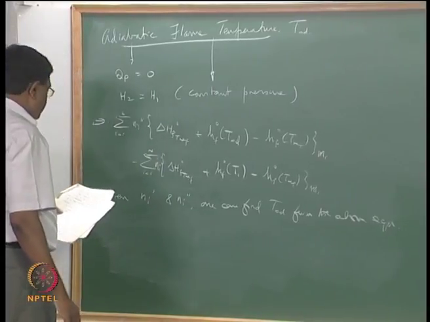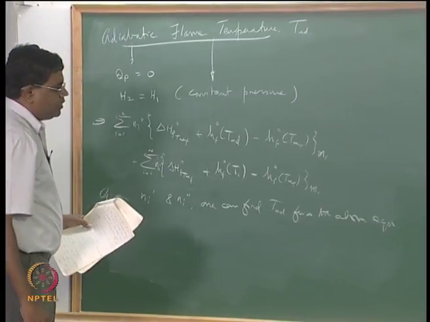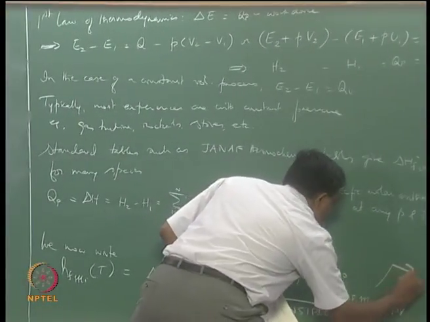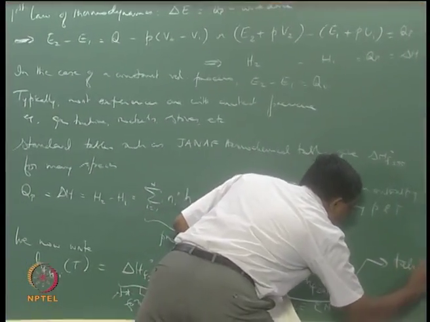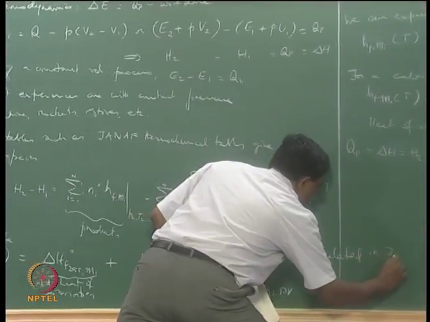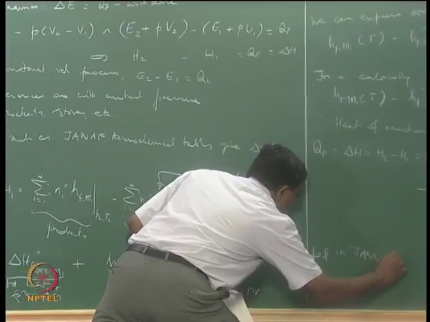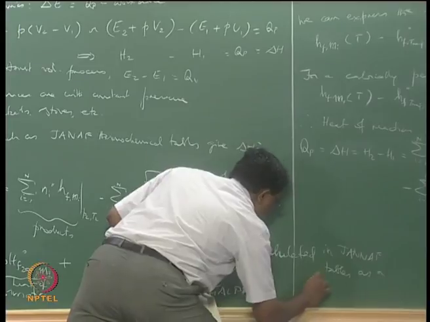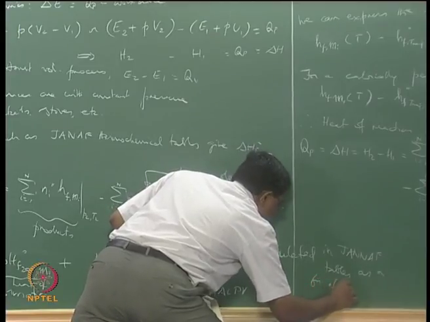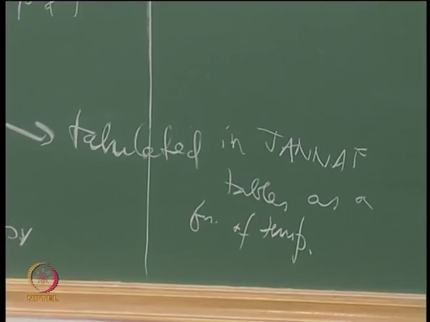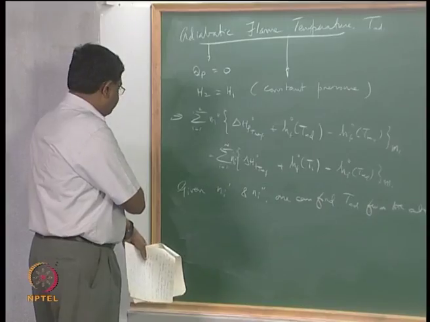So sensible enthalpy is also tabulated, as I said, in Janaf tables as a function of temperature. These are now available on the web for typical species that you would be interested in, and so on.